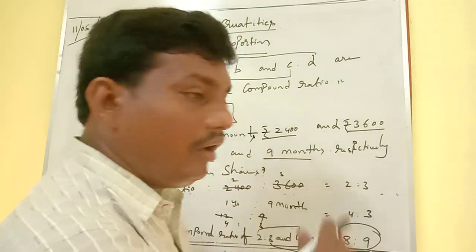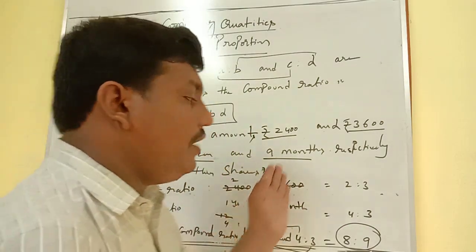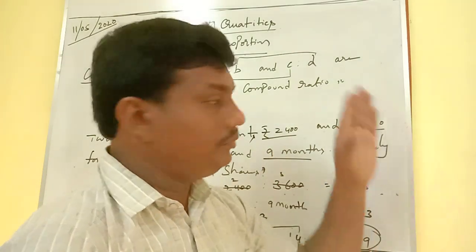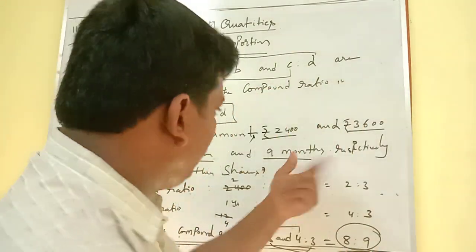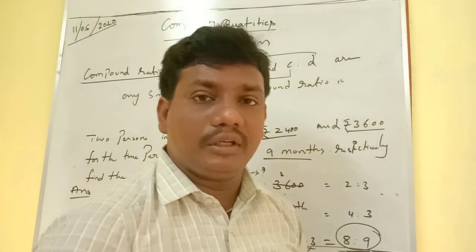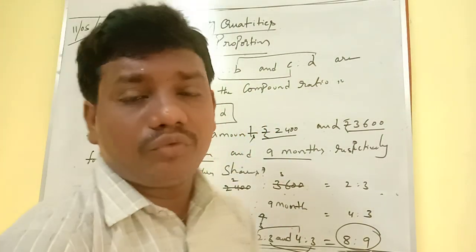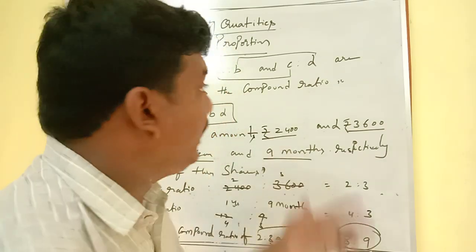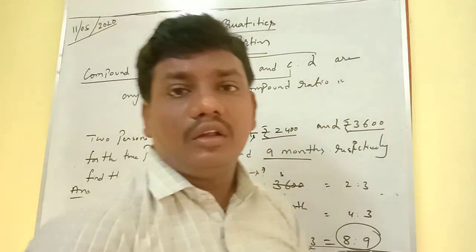Then finally, after completion of 1 year, we have to find the ratio of their incomes or profits by using this compound ratio concept. So, very important, children, you have to prepare your own questions on compound ratio and practice. Okay, thank you.